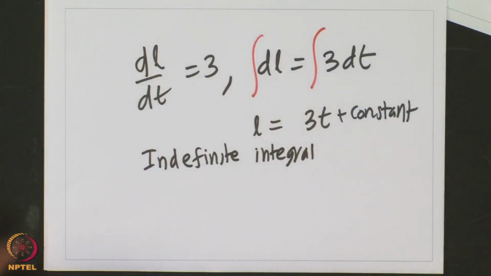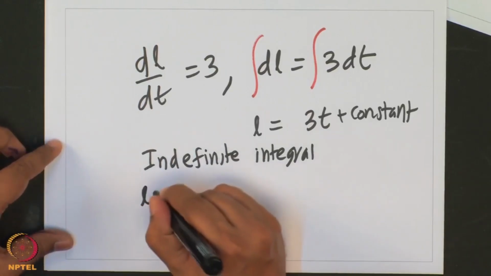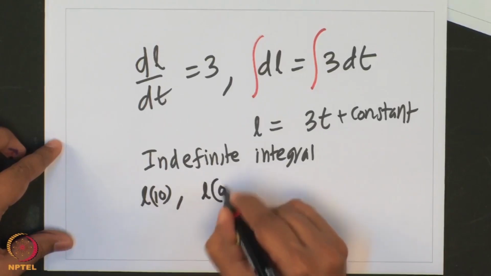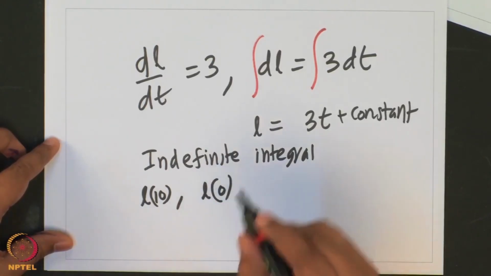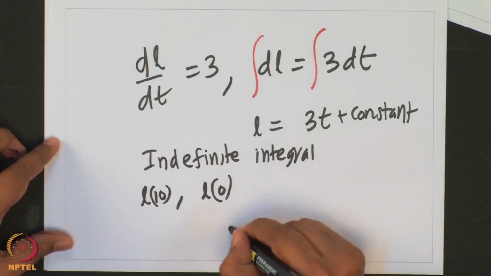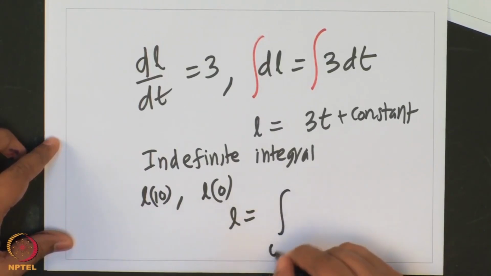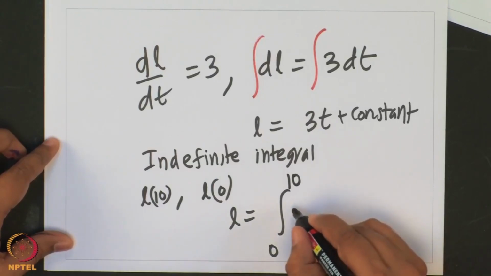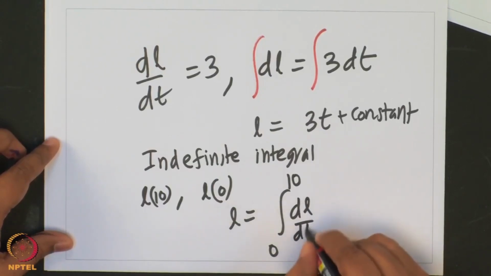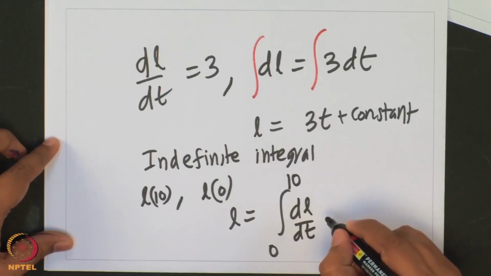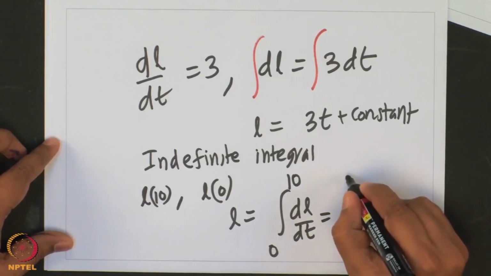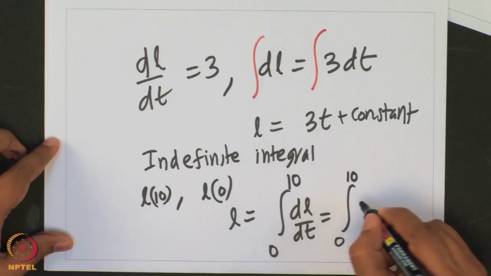So what we want is L of 10, the length at 10 minutes given L of 0. So to get this, the integral can be rewritten as integral 0 to 10 dl by dt, which is nothing but integral 0 to 10 3 dt.